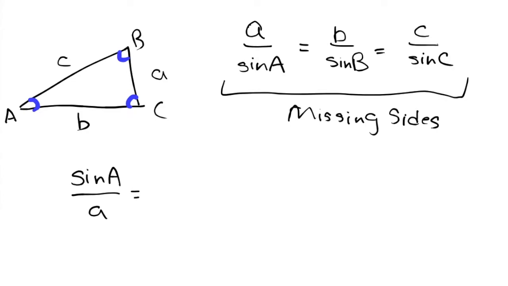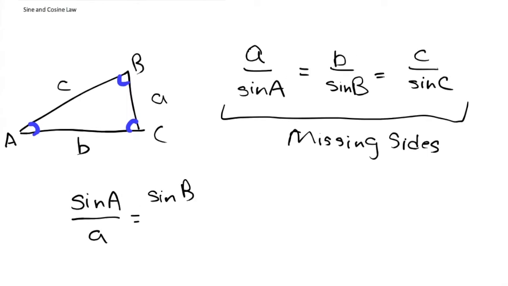The reason we use two different ratios when solving for missing sides and when solving for missing angles is because it makes it a lot easier when actually solving, because the operations are no longer flipped. So you no longer have to take the inverse of the sine and then divide it by A. You just have to do one step in order to get the answer. So that's why we use two different ratios for missing sides and missing angles.